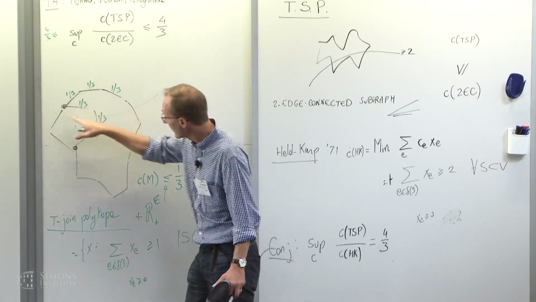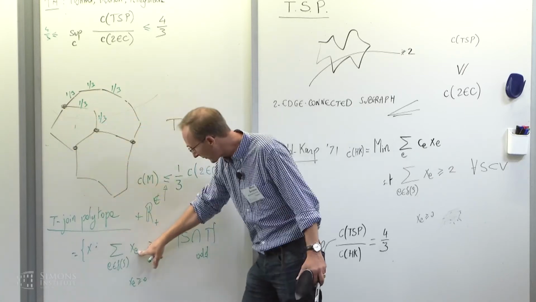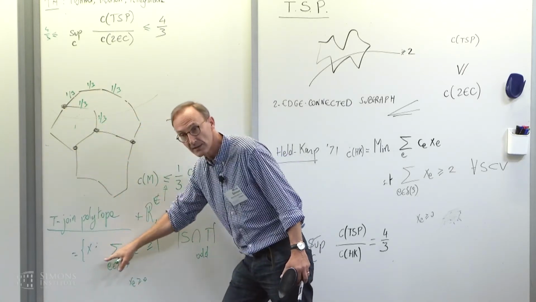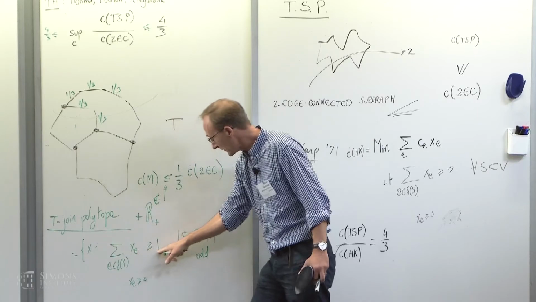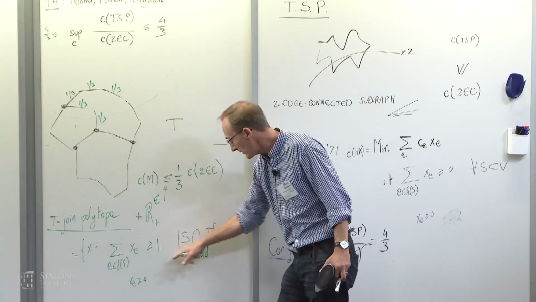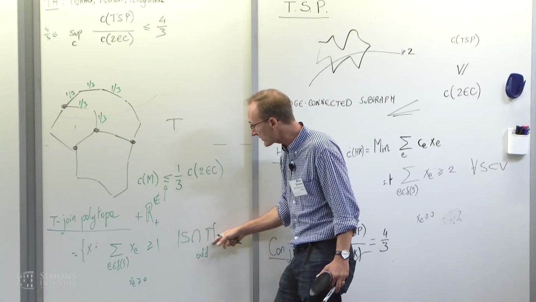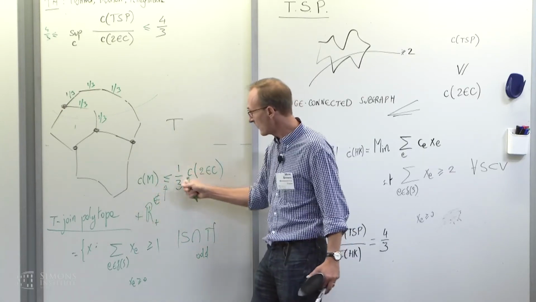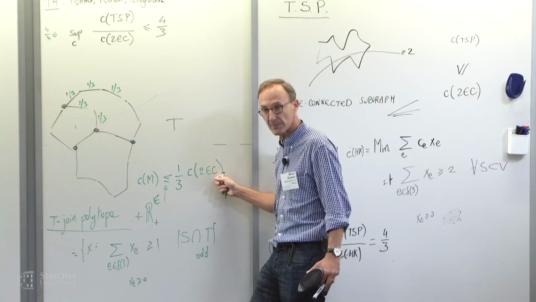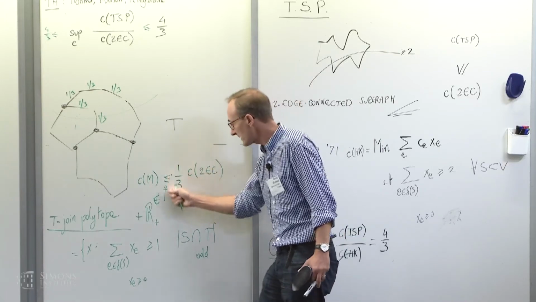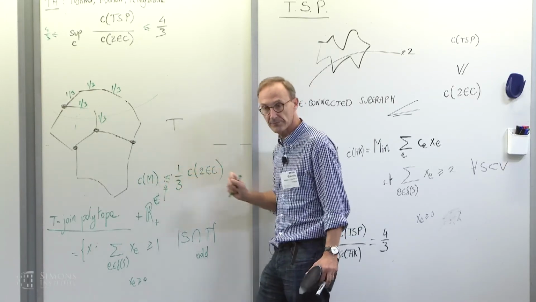And so since I'm putting a third on it, it satisfies all these inequalities. And so it means that it is a convex combination of T-joins. And since it's a convex combination of T-joins, one of them costs at most a third times this, because my convex combination has this cost.